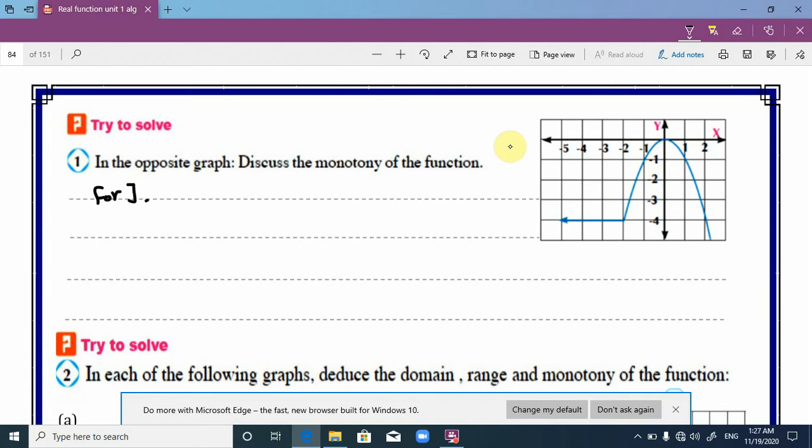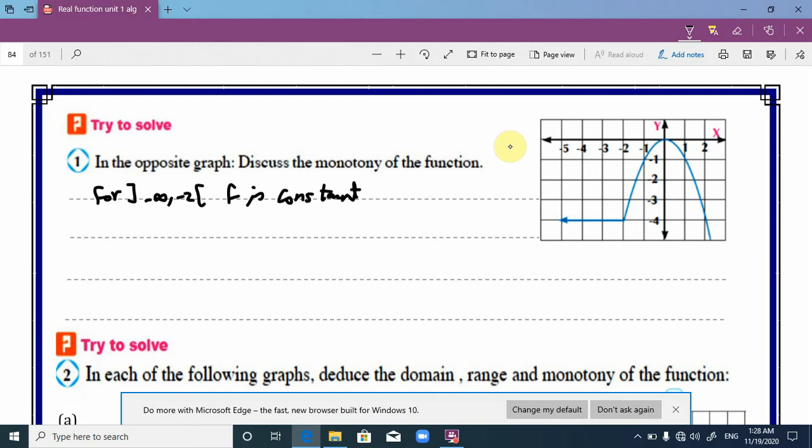First interval, from negative infinity to negative 2, f is constant. From negative 2 to 0, the function here is increasing.